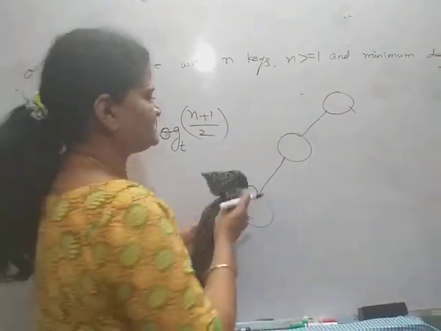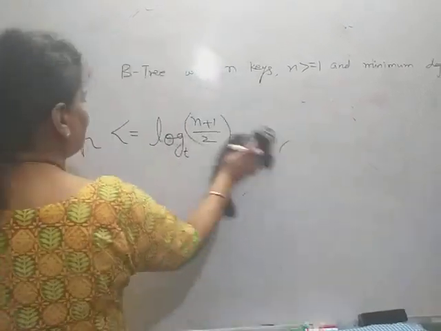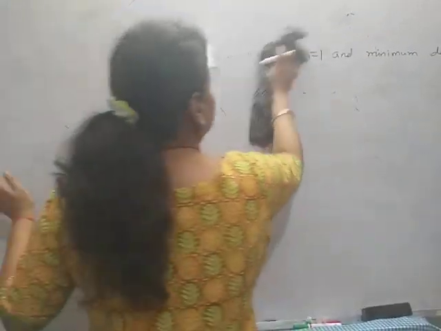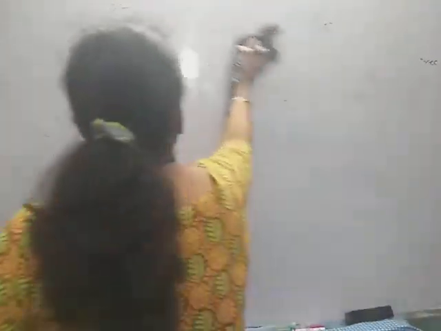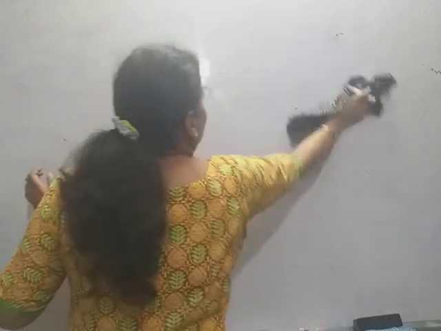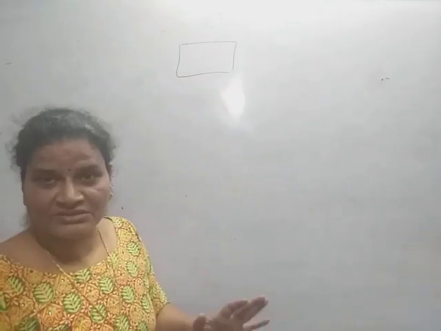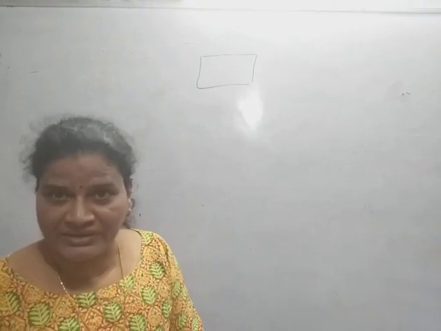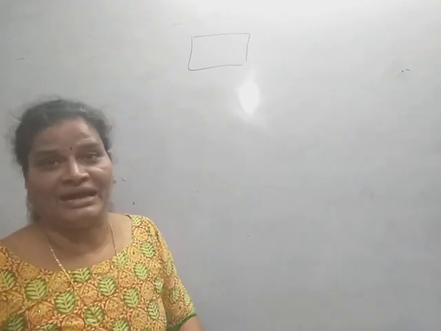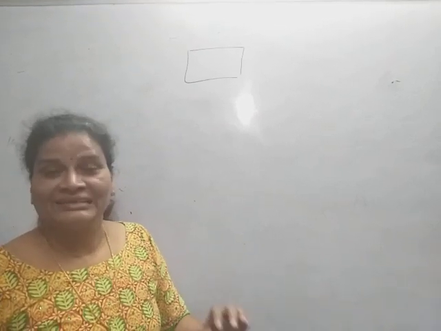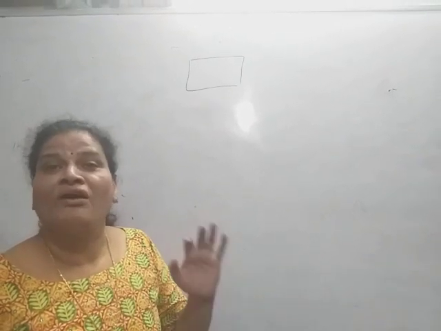Okay, so if I want to prove that h is less than or equal to this, I will start from the root node. Our objective is to store the n number of keys with maximum height, and this is possible when every node contains the minimum number of keys.